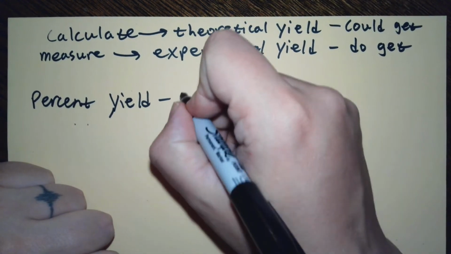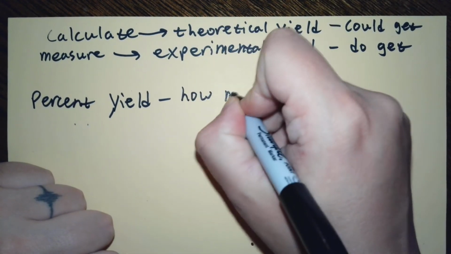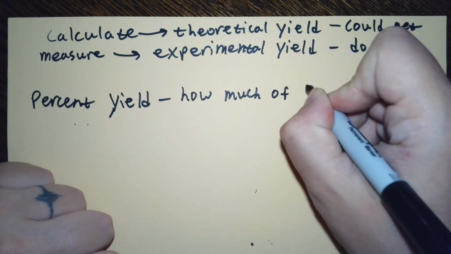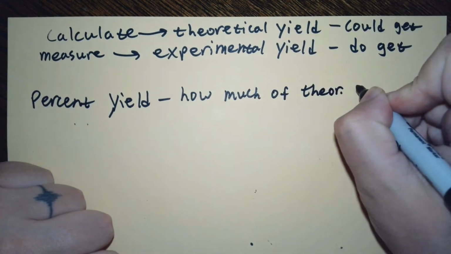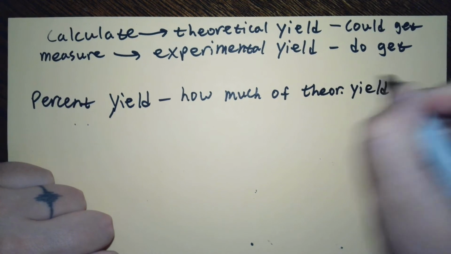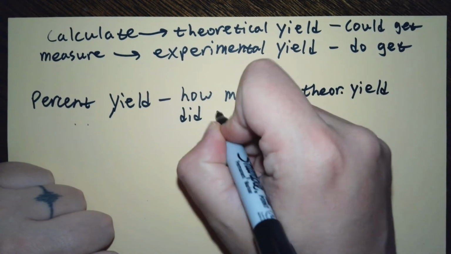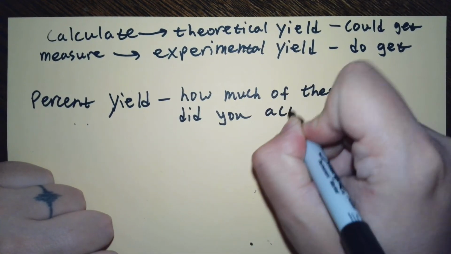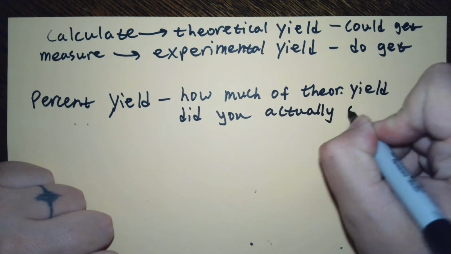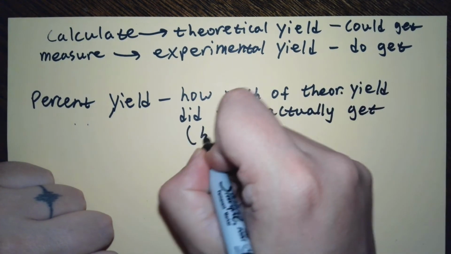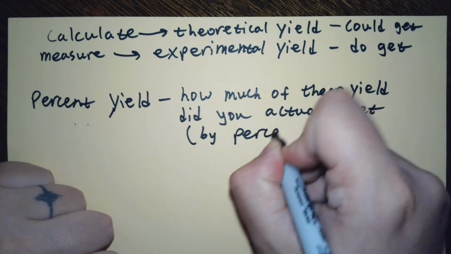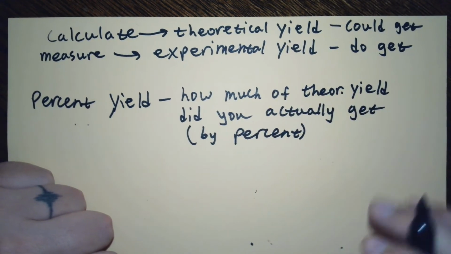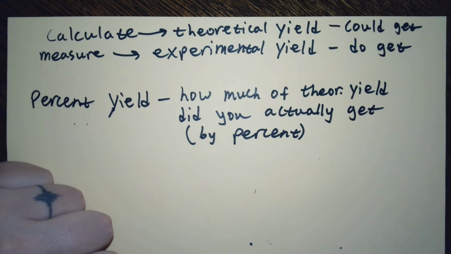It's how much of the theoretical yield did you actually get? You get half of it, 50%. You get 3/4, 75% yield.